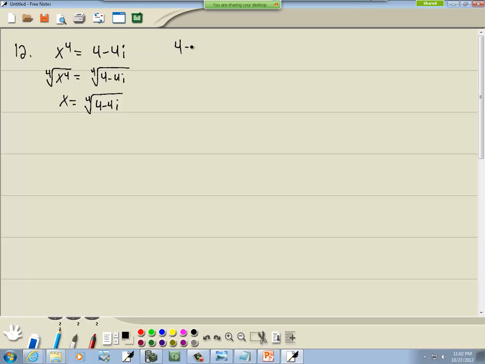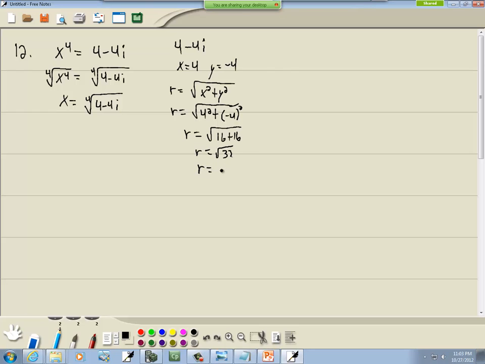So let's take a look at 4 minus 4i. Well, x is equal to 4, y is equal to negative 4. And then r is equal to the square root of x squared plus y squared. So r is equal to the square root of 4 squared plus negative 4 squared, which is 16 plus 16, which is the square root of 32, which is 4 times 4 times 2.